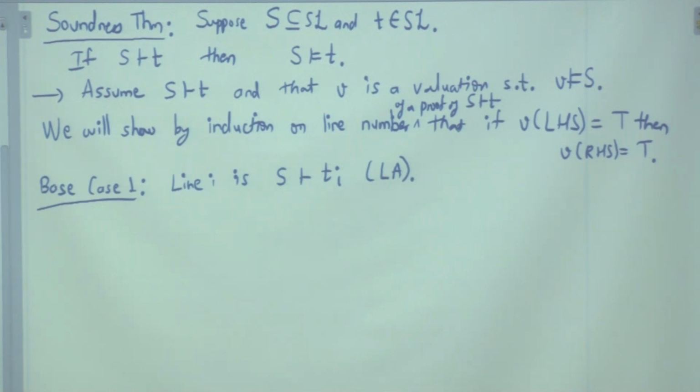Then if there is a valuation V that makes the left hand side true, there is no cause and effect here. Ti is a logical axiom, so Ti is a tautology, so V of Ti is true.